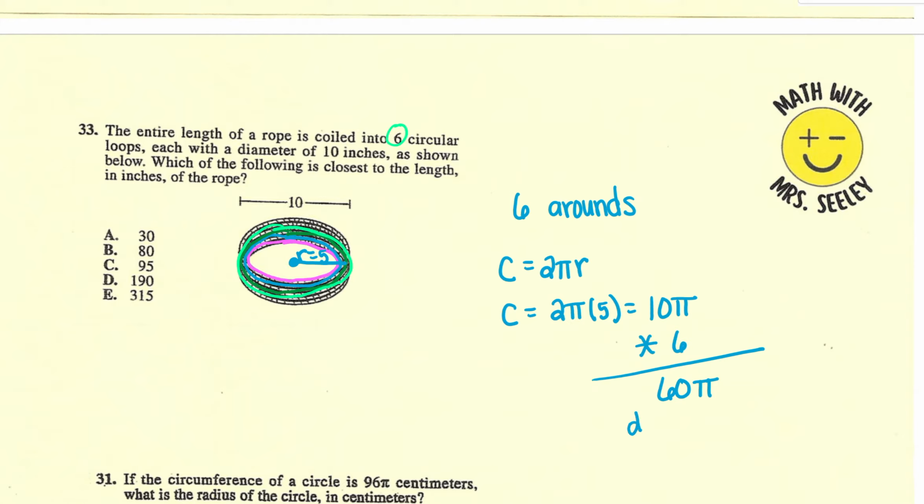So we need to go to our calculator and say 60 times pi. There is a pi button on the calculator, or you could just say 60 times 3.14, which is kind of the shortcut abbreviation for pi. So 60 times 3.14, and you get 188.4, which would be the closest to D. And it says closest to, so it didn't have to be exact.